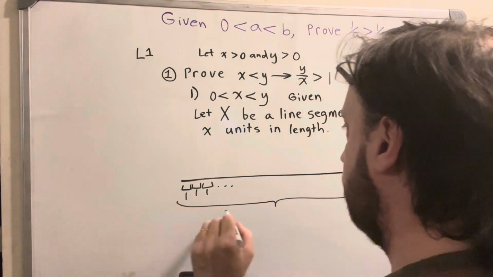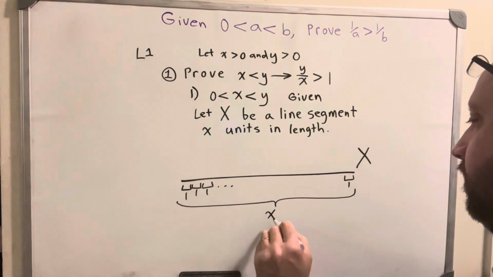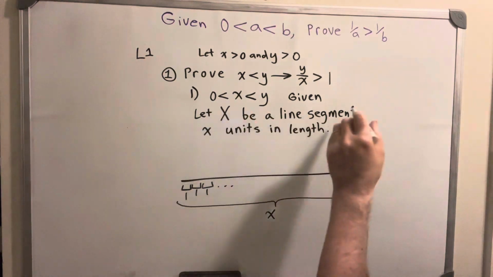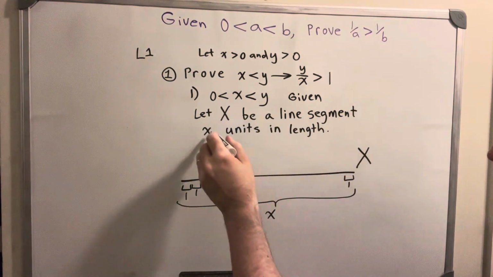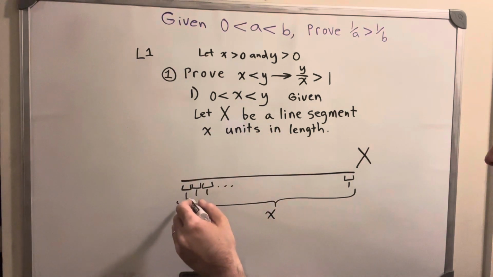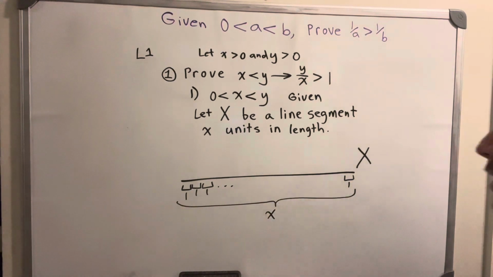And there are lowercase x of these. So if capital X is a line segment, little x units in length, then the total length is little x units. Okay.